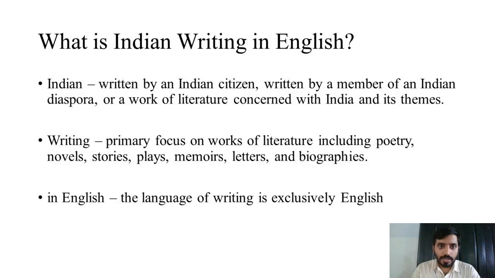Jhumpa Lahiri is an example of a diaspora writer, and a diaspora writer could also be somebody who migrated, a first generation migrant to a foreign country who settled there, assumed, say, US citizenship or Canadian citizenship, but still is writing about India and Indian concerns, the heritage of India and all those concerns. Then that is also part of this literature.